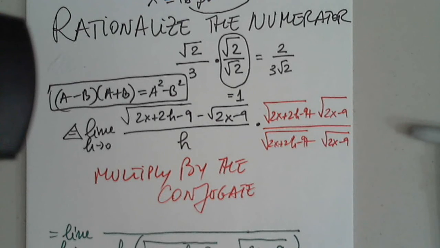No one? Alex? Okay. Is it just 2x plus 2h minus 9 minus 2x plus 9? Gorgeous.